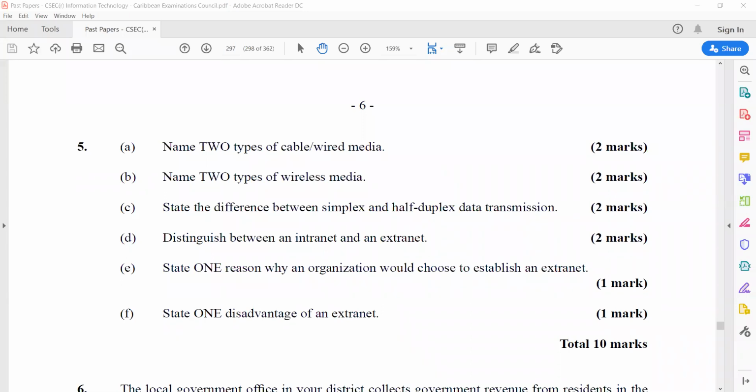Okay, let's have a look at this question. The first one: name two types of cable or wired media.